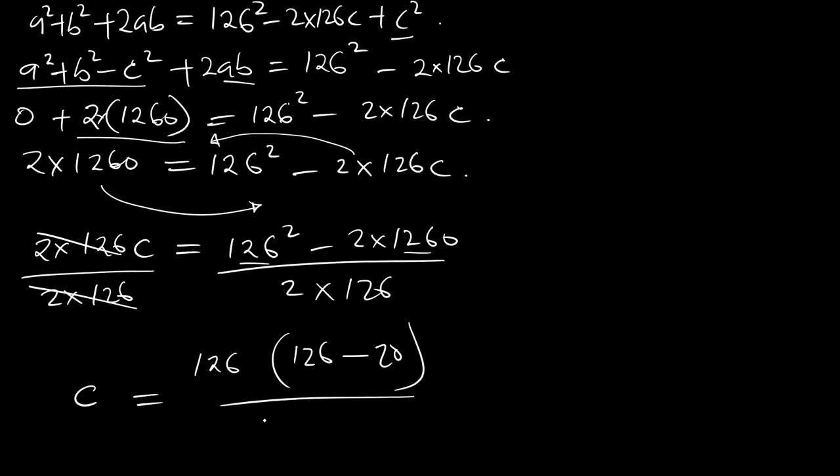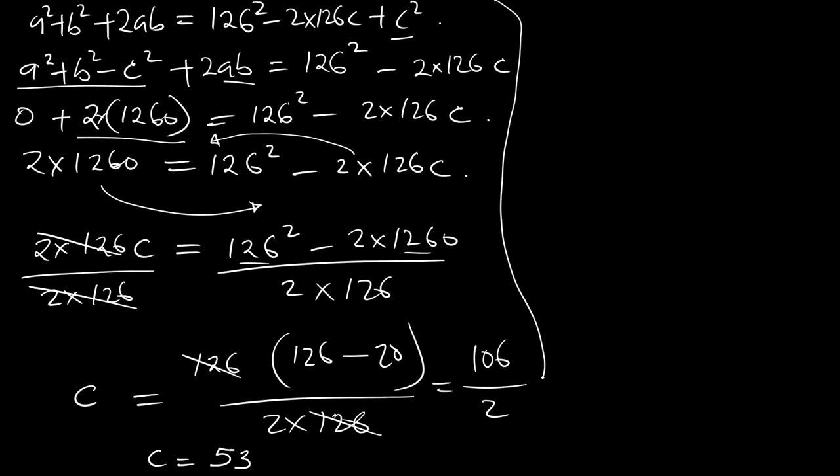Divide by 2 times 126, so this 126 will cancel out this. You have 126 minus 20, which is 106. This will be divided by 2. So our C will be, if you use 2 to divide this 106, you have 53. So C is equal to 53.